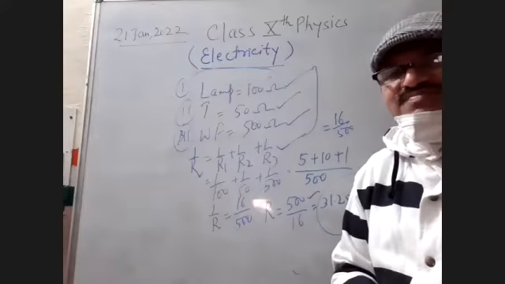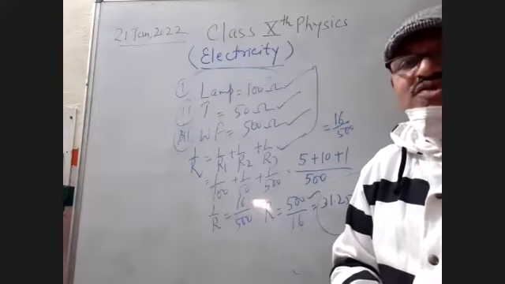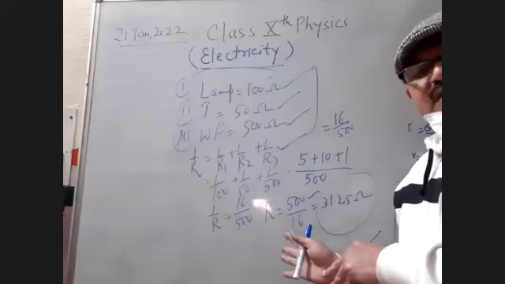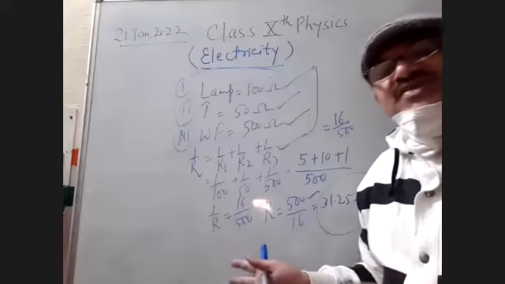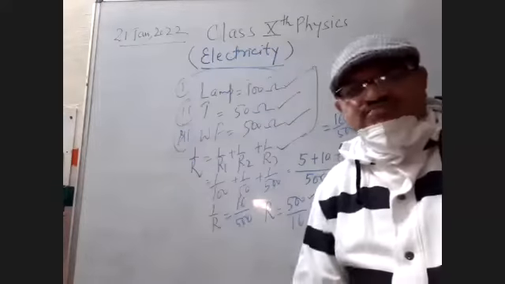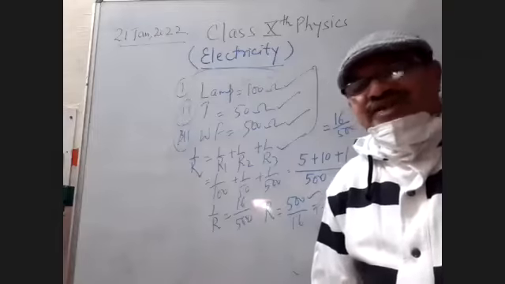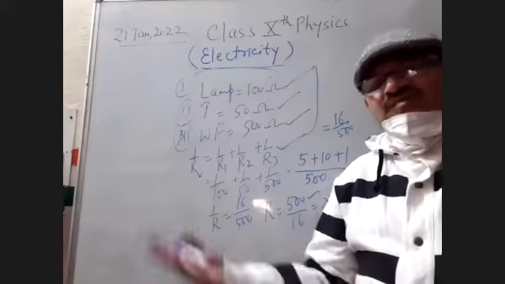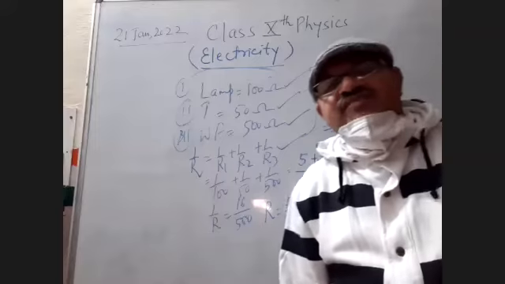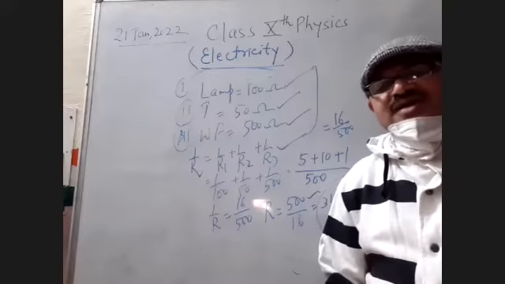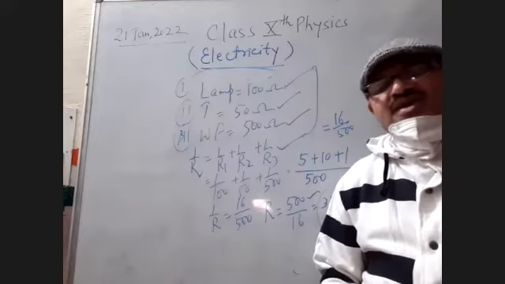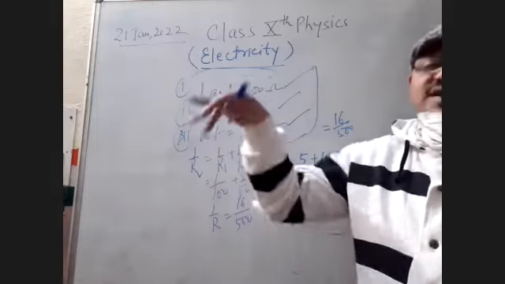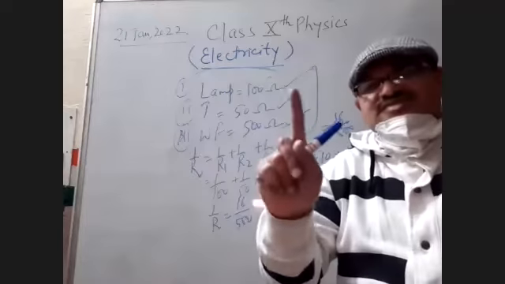What we have obtained, the value 31.25, is also less than 50 ohm. Clear? Now it is very much clear that when any number of resistances, let it be any value, are connected in parallel, our result will be lesser than that of the individual resistances.